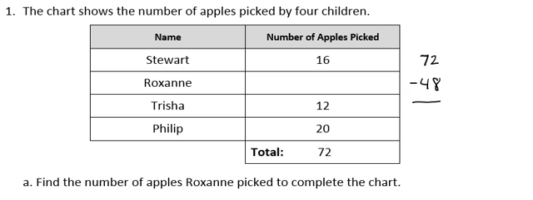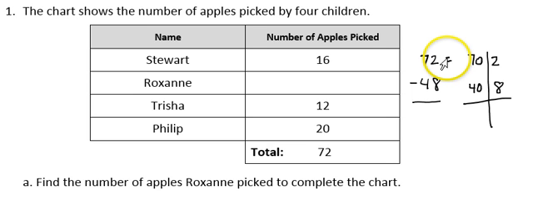Another method we could use is expanded form subtraction. So I'll write each of these numbers in expanded form. 72 is the same as 70 and 2. 48 is the same as 40 and 8.